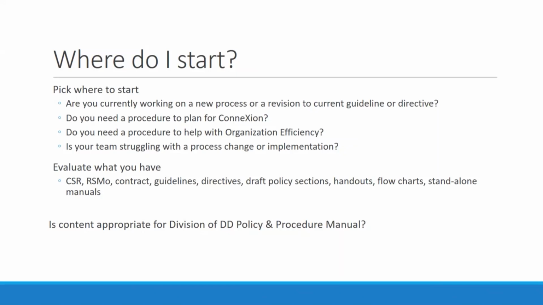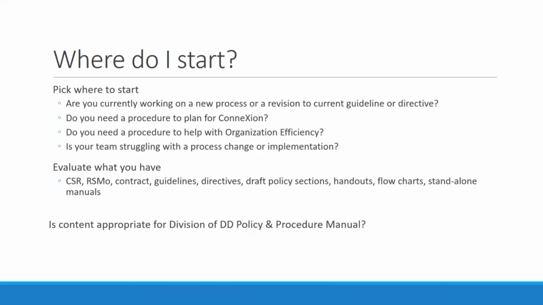Okay, then once you have all of that, kind of your hands around it, then the next logical question is, is this even appropriate for the policy and procedure manual? So if what I'm trying to do is already outlined in a regulation, or we already have it in contract, we need to take a breath and think about, okay, is this something then that needs to be further defined in the policy and procedure manual, or do we already have it somewhere?